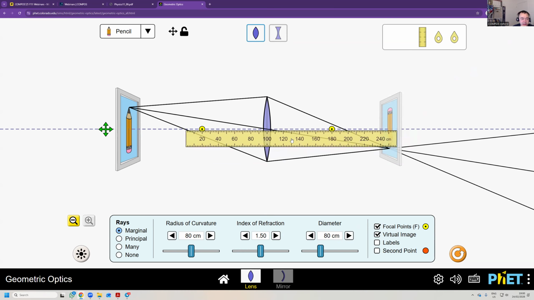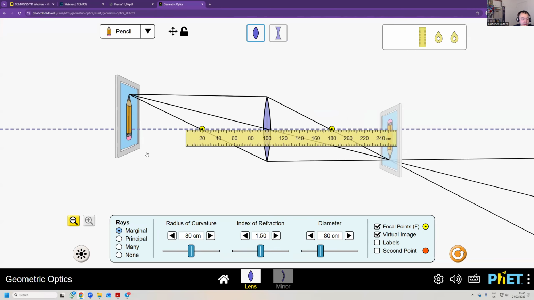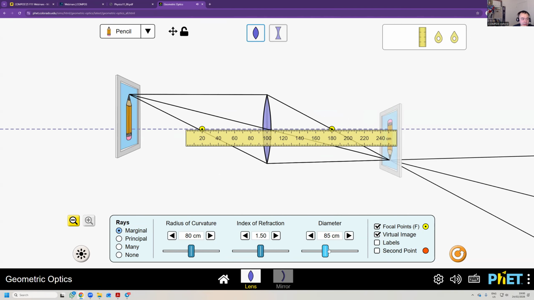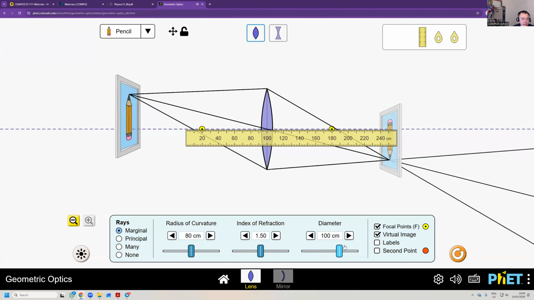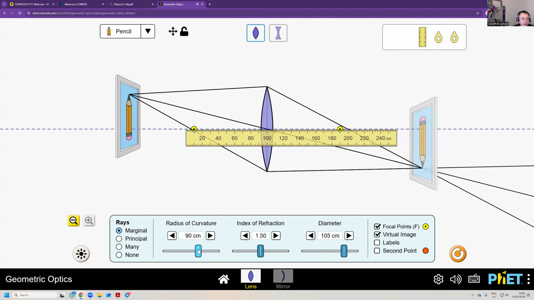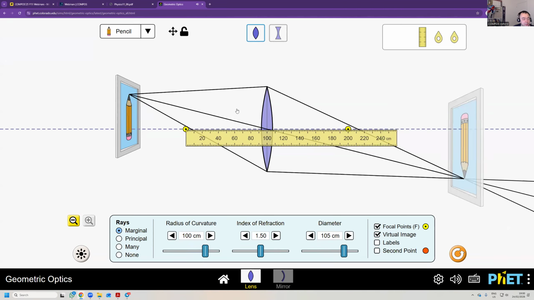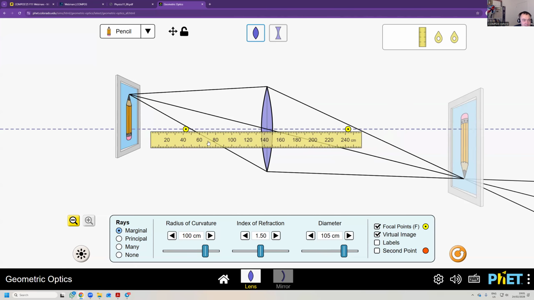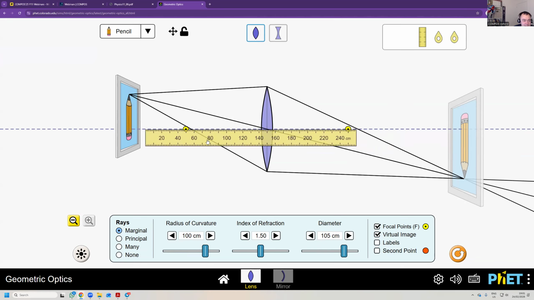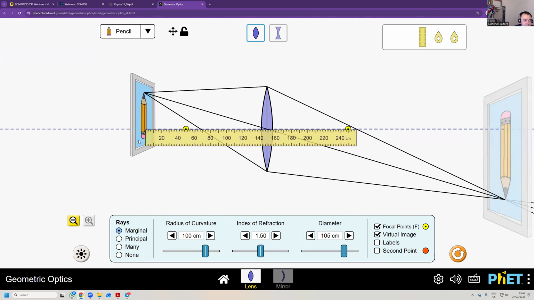Let's take the focal distance to be 10 for simplicity. Okay, so this is 10, let's say that's in millimeters, right? It is in centimeters, but let's just imagine it's in millimeters. So this is 10 centimeters, and we need to place our object 15 centimeters away. So we place it here.